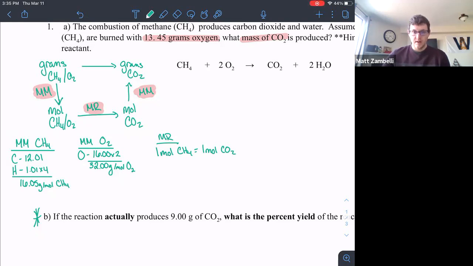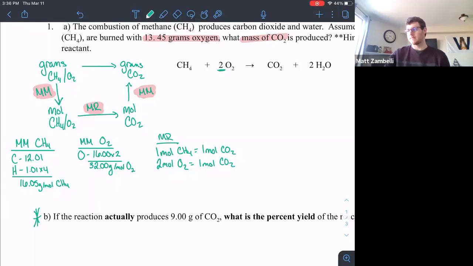All right. We need the moles of oxygen. So for the mole ratio for oxygen, how many moles of oxygen do we start with in that reaction? We start with 2 because I had 2 in front of oxygen. So we have 2 moles of oxygen equals 1 mole of CO2.